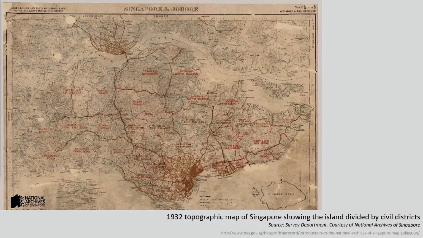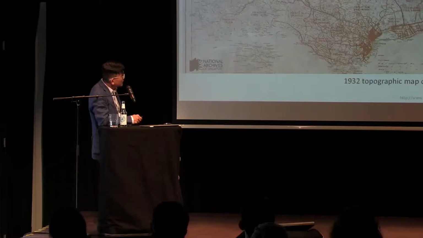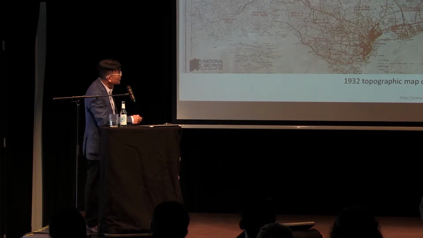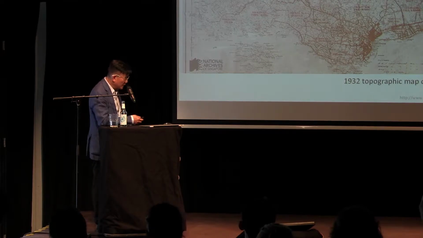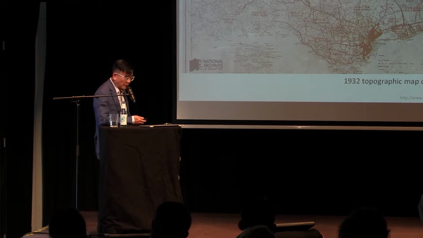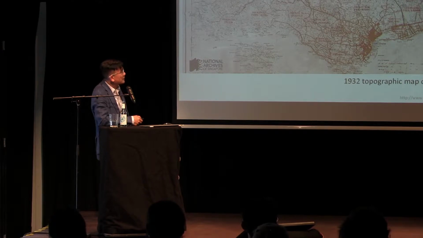And the rest of the country, or colony at that time, was quite sparsely populated, with a lot of villages or kampongs surrounding this area, a lot of cemeteries and rubber plantations all around. So this is a time in the 1930s when Singapore's population had increased tremendously, as well as a program for modernizing Singapore, the first phase.